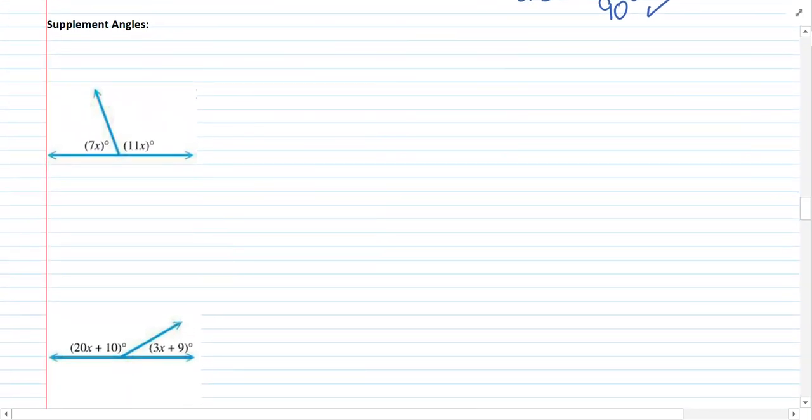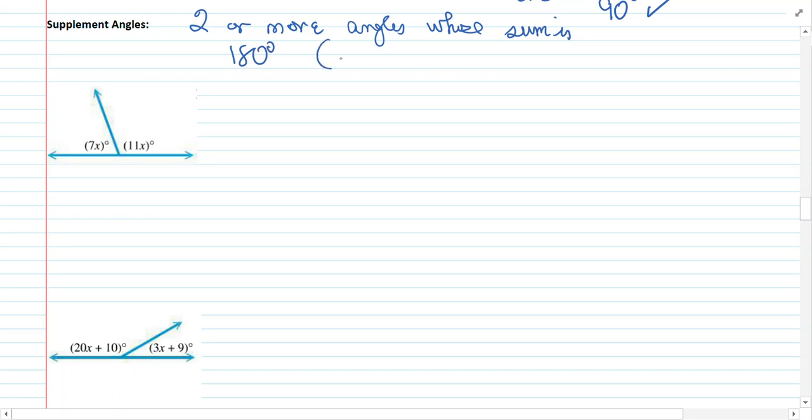Supplementary angles. 2 or more angles whose sum is 180 degrees. They create a straight line.